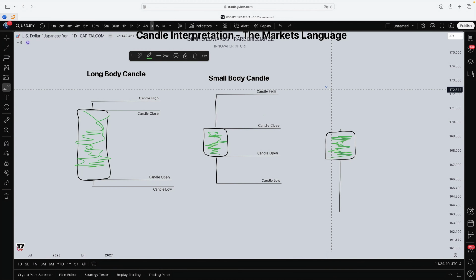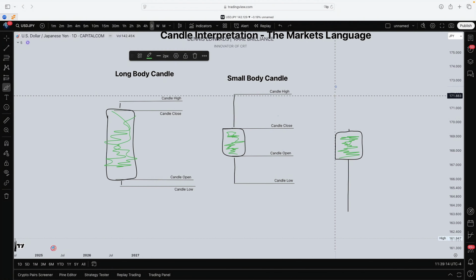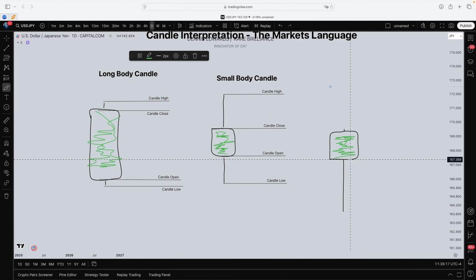Now, once again, even with this long wick candle, we still see that we have our open, our low, which means price came low, but then it sort of sporadically reversed, as you can see, in the opposite direction, continuing going higher, higher, higher, higher, high, a little bit lower, and then you have the close.